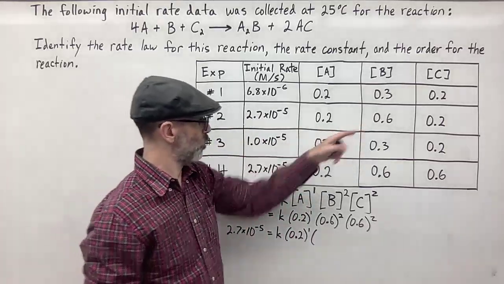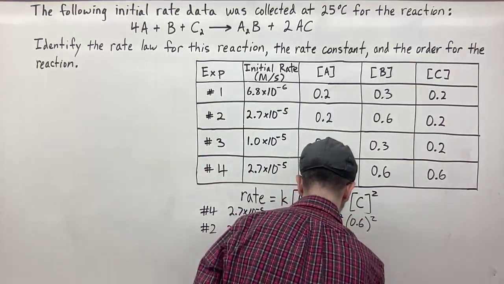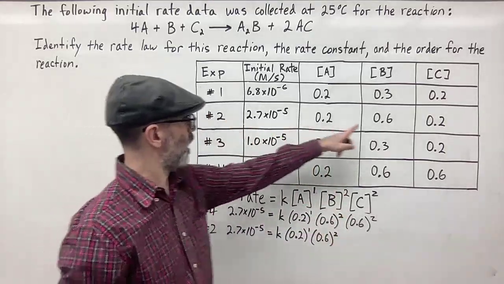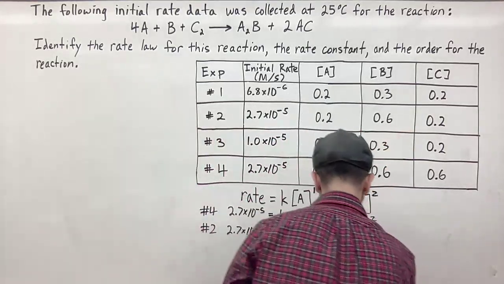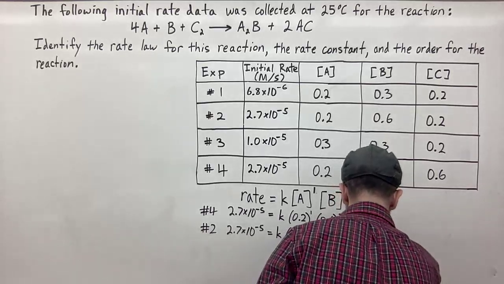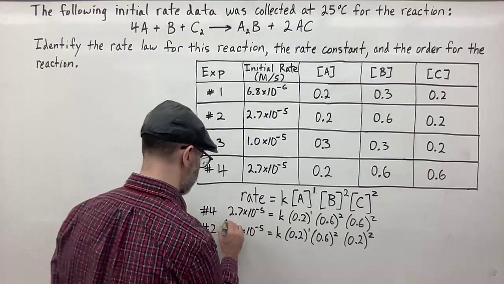For B, 0.6 again, 0.6 to the second power. And for C, it's 0.2 to the Z power. So we're going to divide these two.